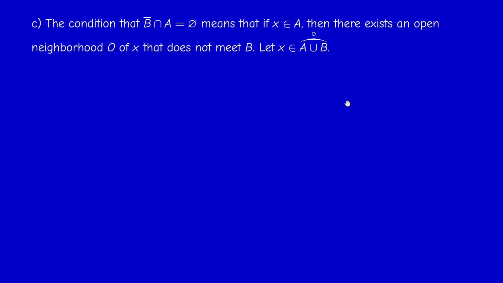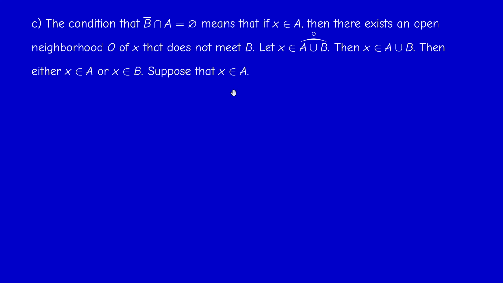First of all, X is in the union. So it's either in A or in B. So the strategy is to prove the following. If X is in A, we will prove something more. We will prove that actually X is in the interior of A. And by symmetry, of course, if X is in B, then it is in the interior of B, because everything is symmetric. Okay, so suppose that X is in A, and let O prime be this open set.